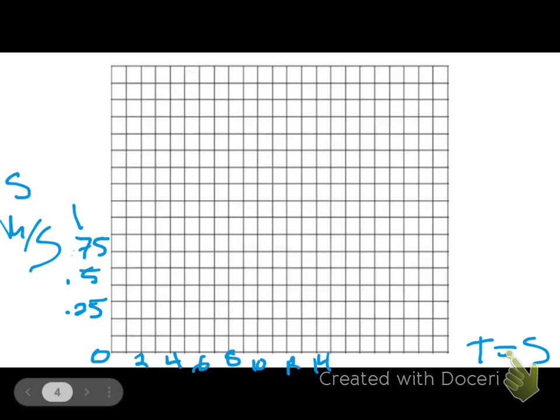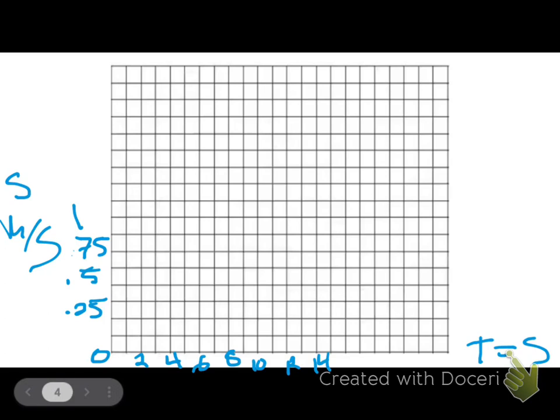And then we'll just go up the side in increments of 0.25s, okay? So this is our speed in meters per second, and this side is time in seconds. So we'll do 0.25, and then 0.5, and then 0.75, and then 1, okay? And that's every 2 lines as well. I just didn't draw it super neat.